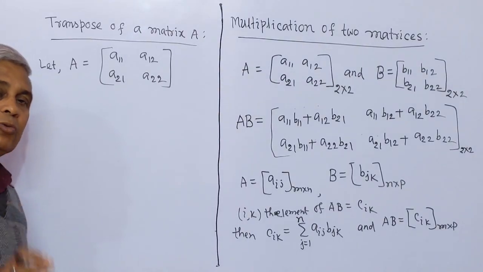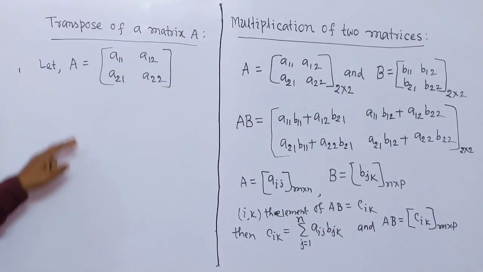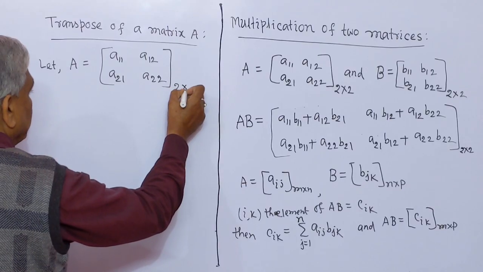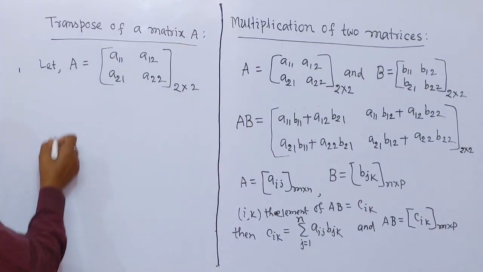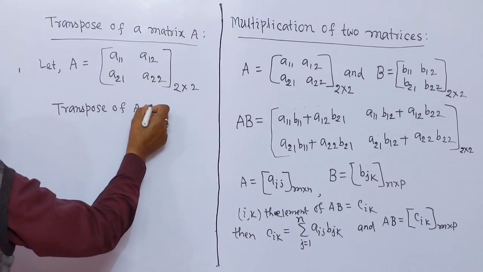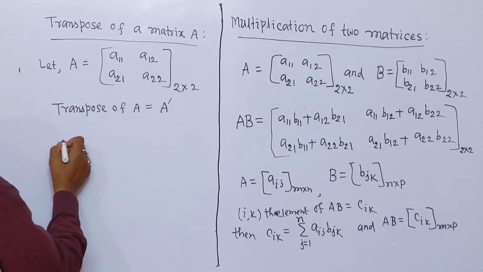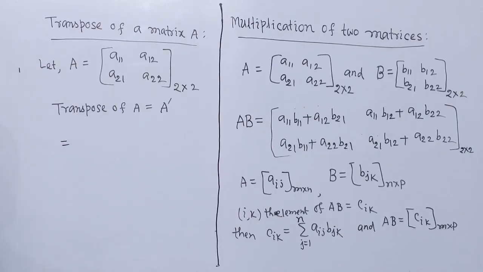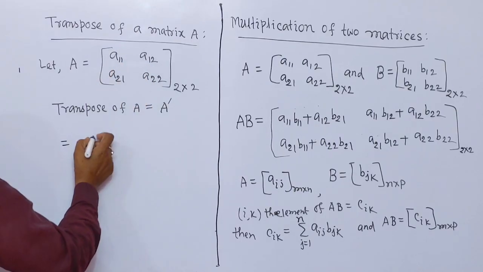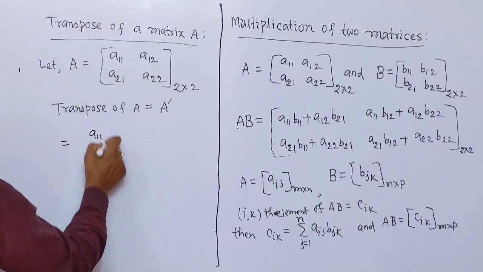Now, I will give you the concept of the transpose of a matrix A. Let A be a matrix of size 2 by 2. Then the transpose of A is denoted by A prime, and we arrange the elements of the rows as columns: A11, A12.